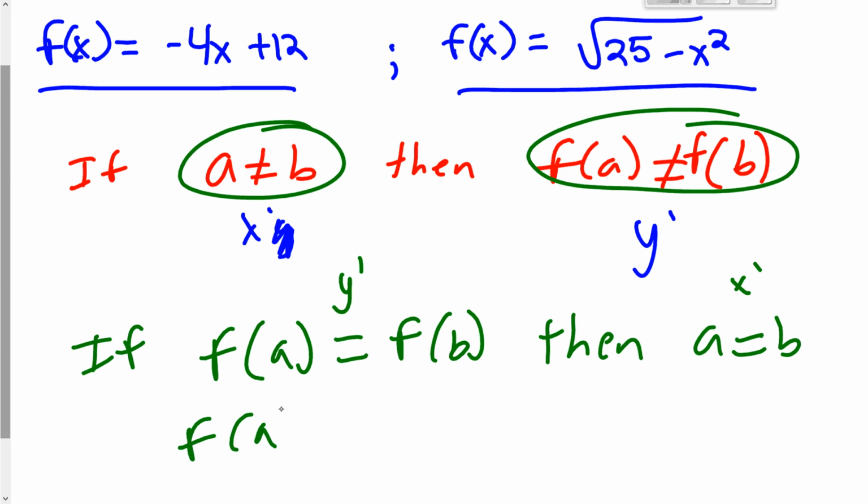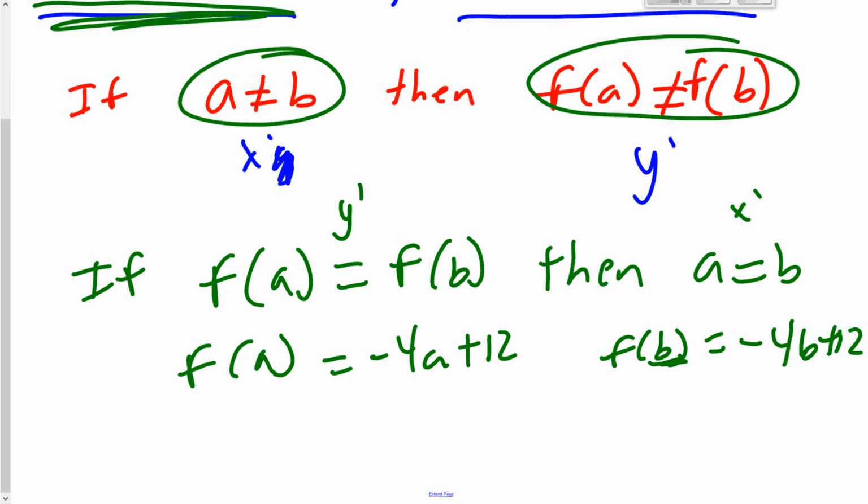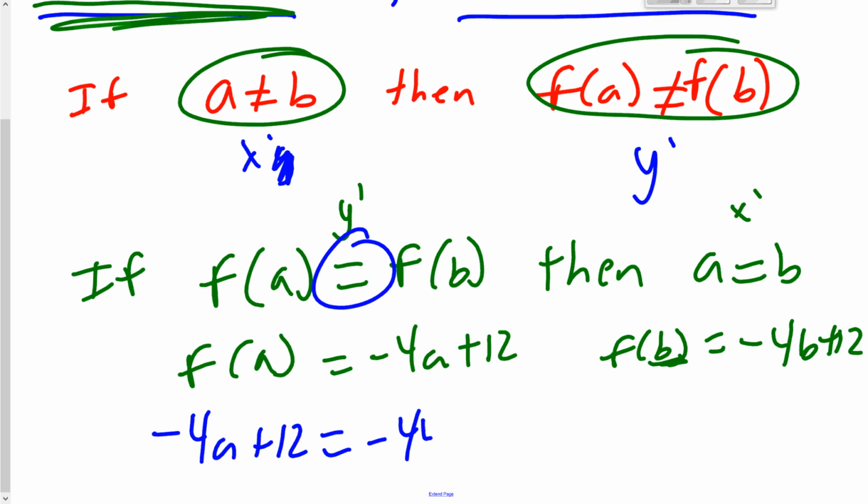If we take this function, f of a would be minus 4a plus 12. And f of b would be minus 4b plus 12, right? You're just plugging in what's inside the parentheses in for your variable. And now we're going to set them equal to each other. So I put minus 4a plus 12 equals minus 4b plus 12.